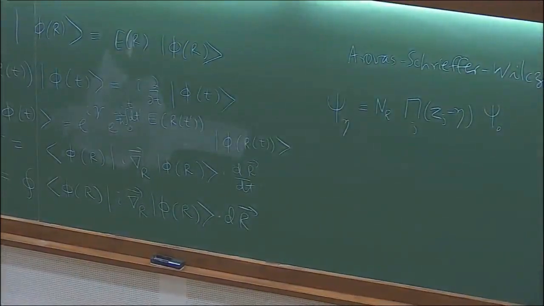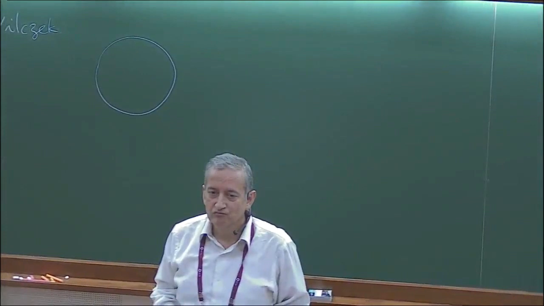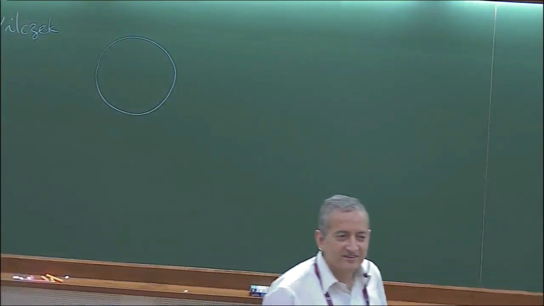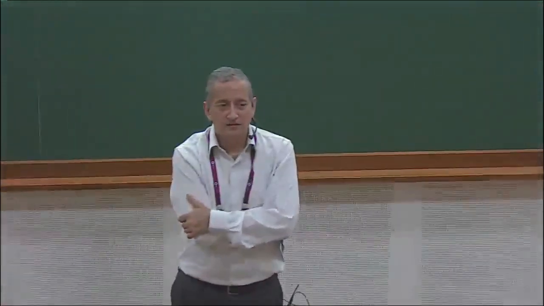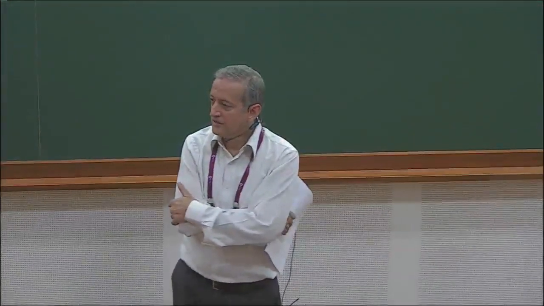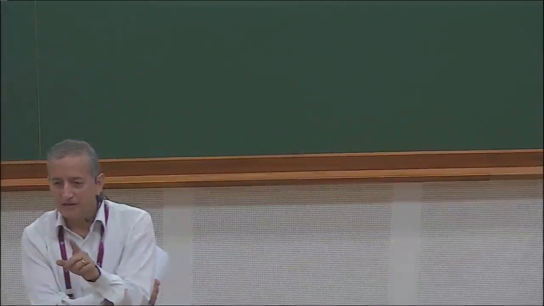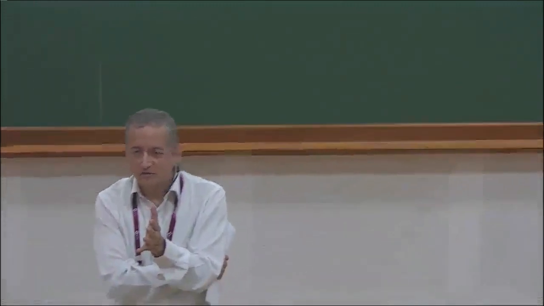In fact, maybe one can already guess the answer. Can you guess the answer? Let me ask a leading question. If I take z around eta, what phase would that give us? 2 pi. If I take eta around z, what will that give me? 2 pi.